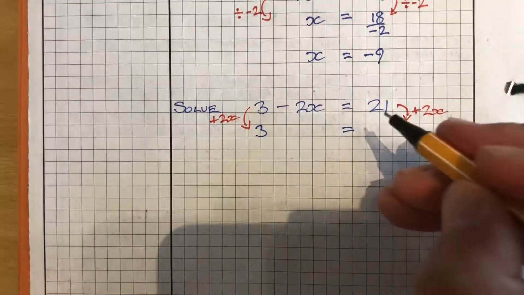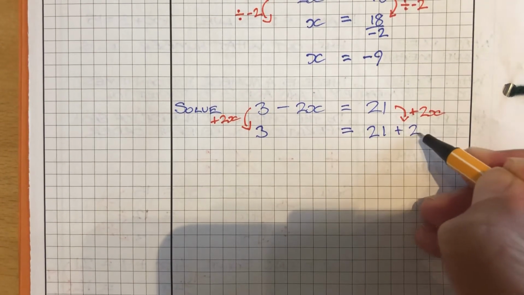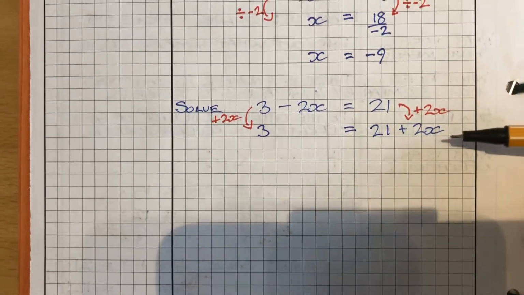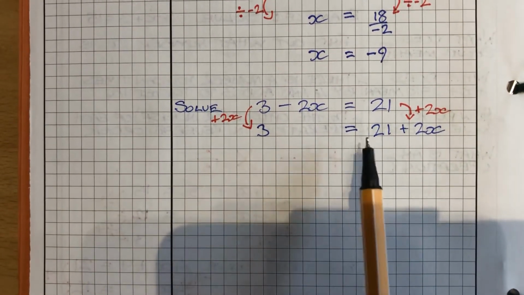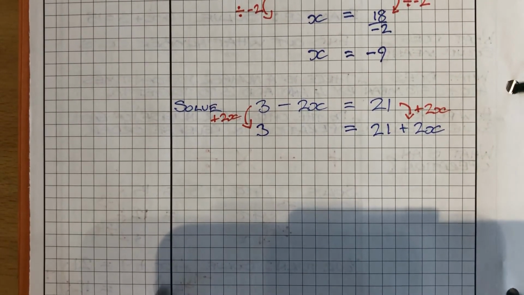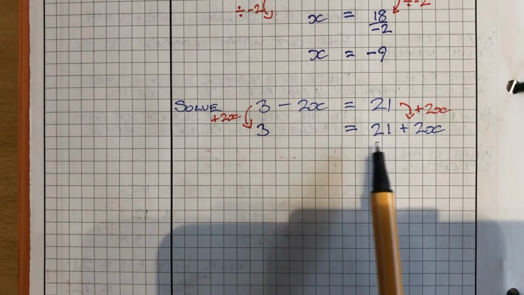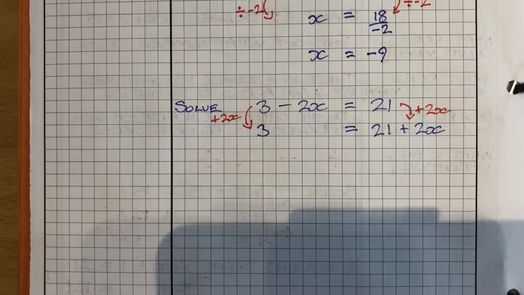What does that give me? Well, I started with 21 and now I've got add 2x. You might not be happy with x on the right hand side, but it's perfectly fine. What does this say? It says 3 equals 21 add 2x. I can get a number 3 by having 21 add 2 lots of an unknown number.